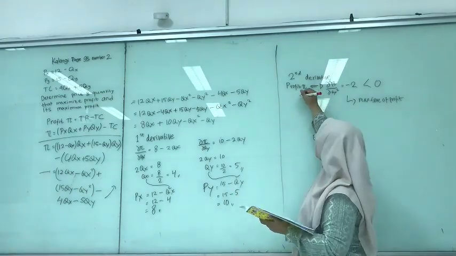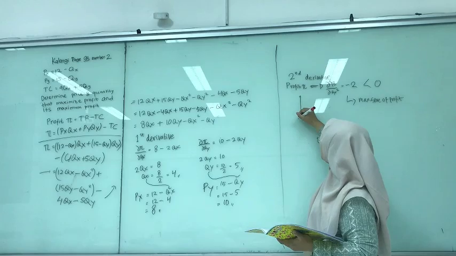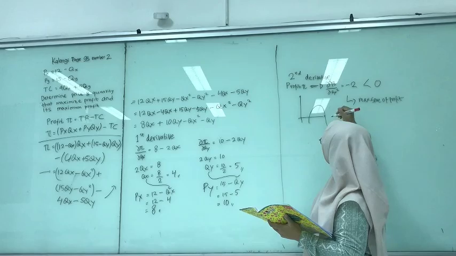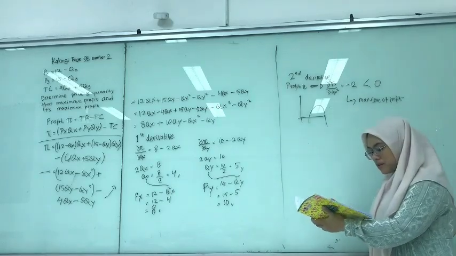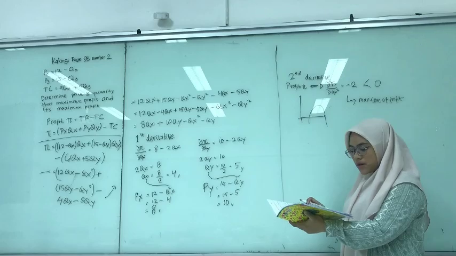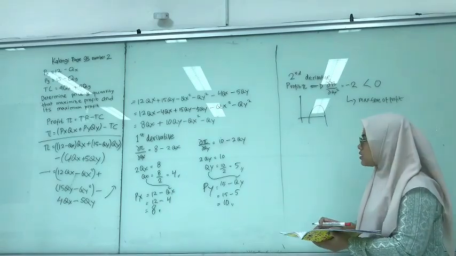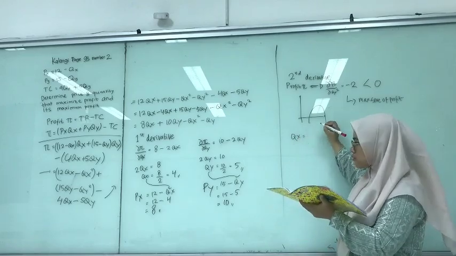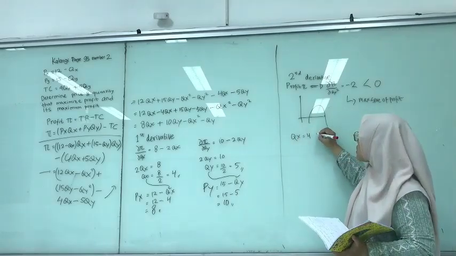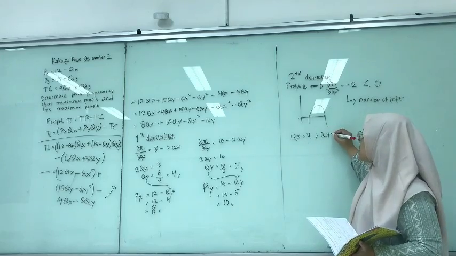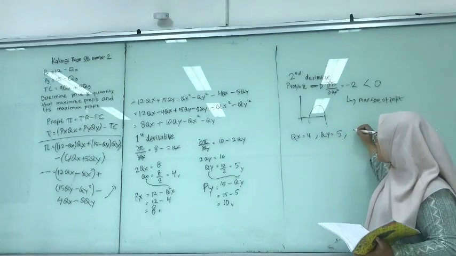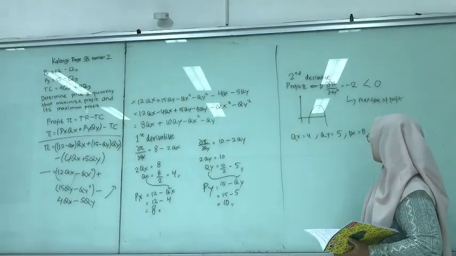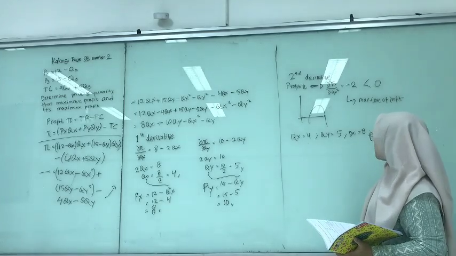The curve will be going down. So the maximum profit is at Qx equal to 4, Qy equal to 5, Px equal to 8, and Py equal to 10.